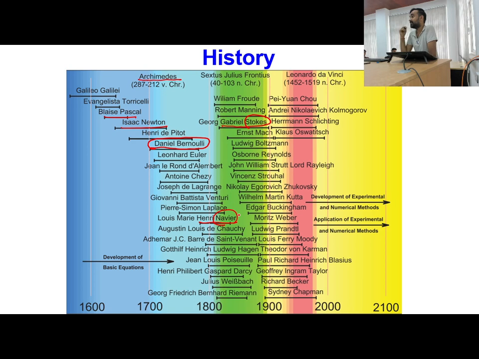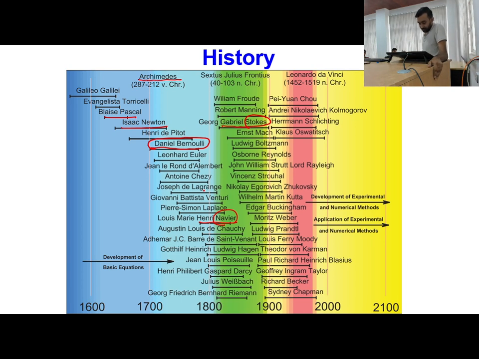At the moment you might not know the full details, but I am sure all of you must have heard the name Navier-Stokes equations. At least the name, I think all of you must have heard. You can see the duration when these were developed.